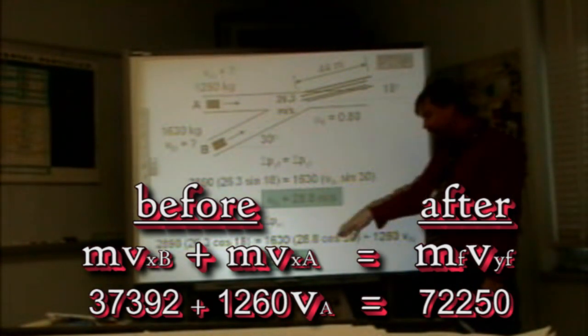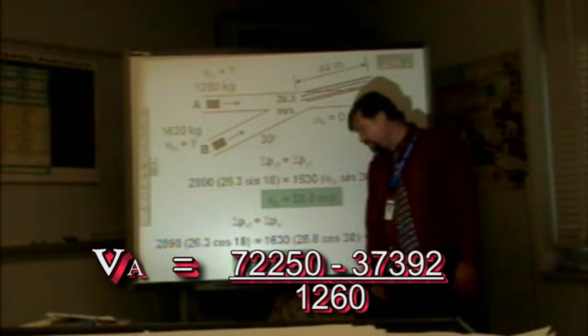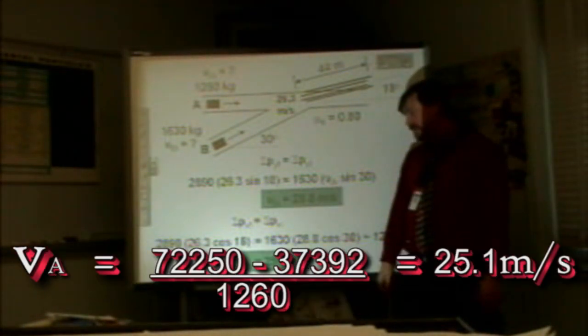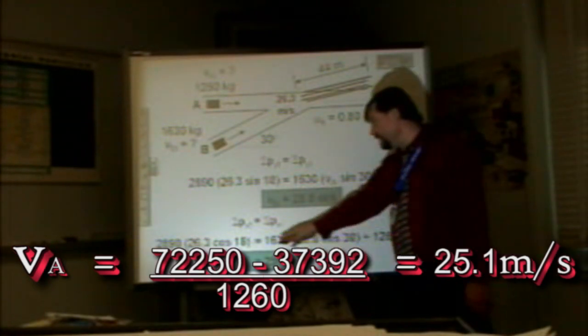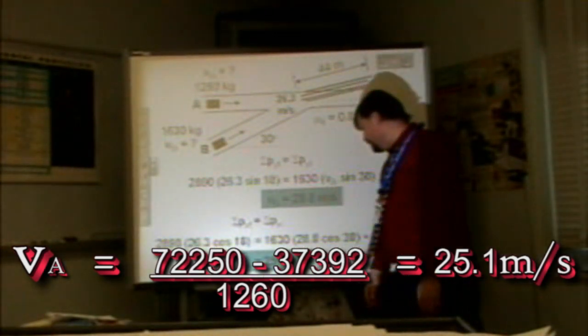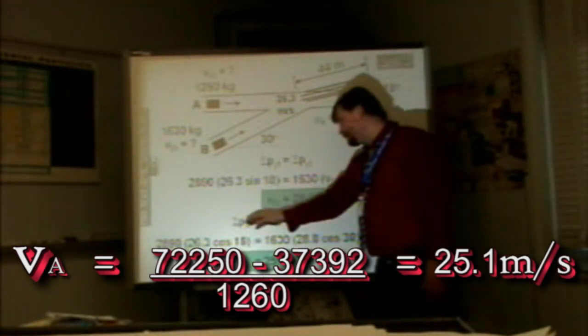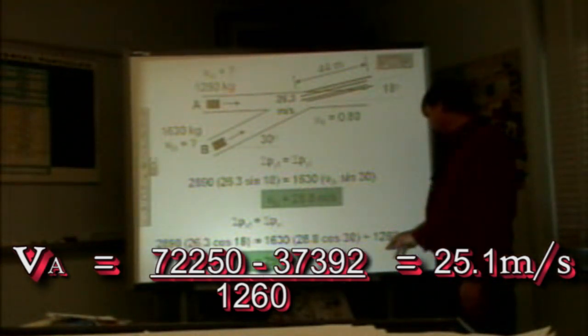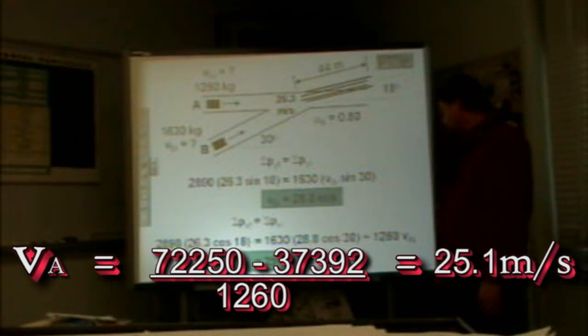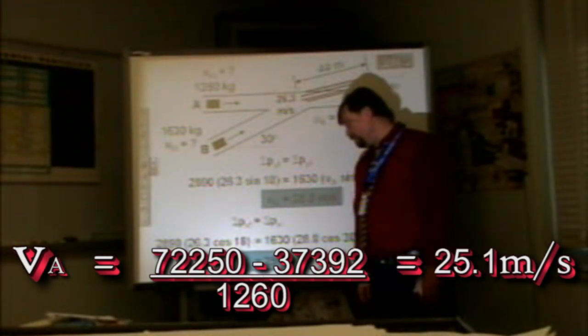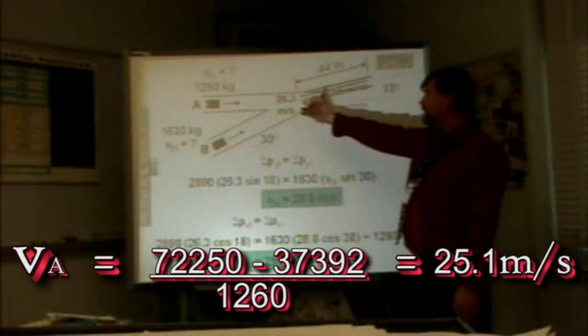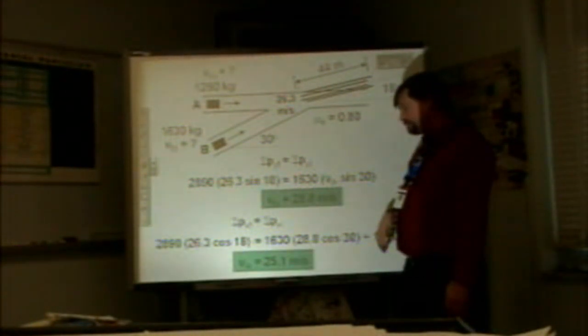We solve out the algebra, and our answer is 25.1 meters per second. So we multiply this times all of this, subtract this from here, and then divide that whole answer by 1,260, and we get 25.1 meters per second in the positive direction. All right, piece of cake. Have a good one.